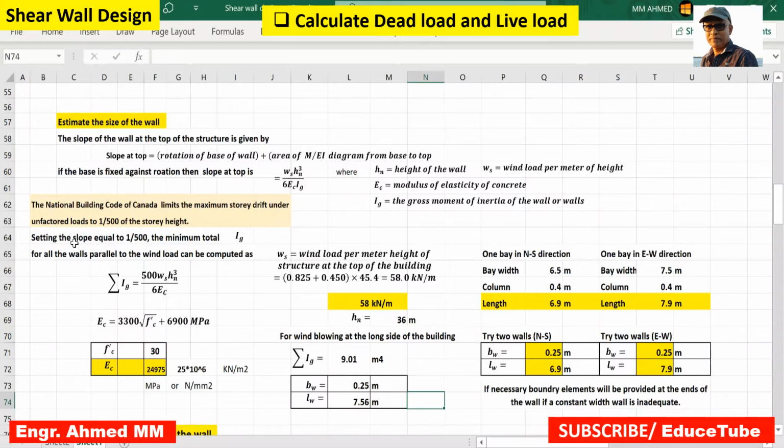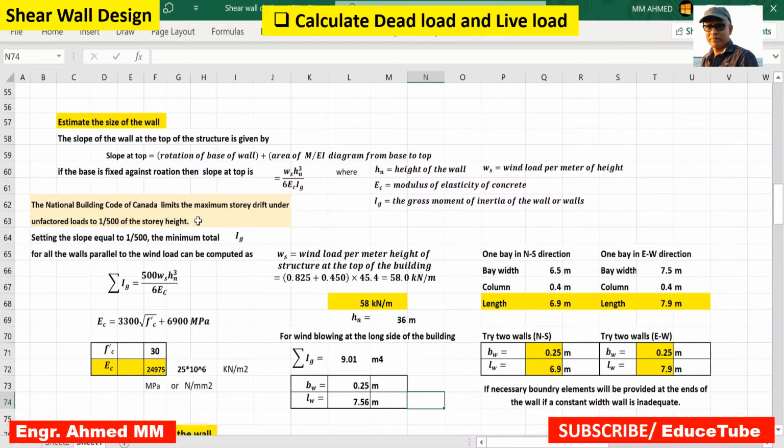Now, as per NBCC, the National Building Code of Canada, limits the maximum story drift under unfactored loads to 1 by 500 of the story height.